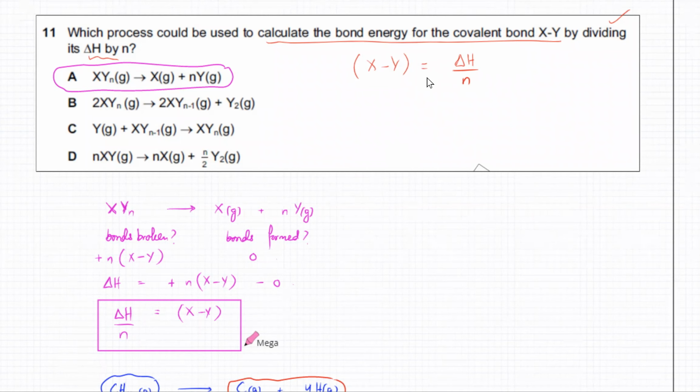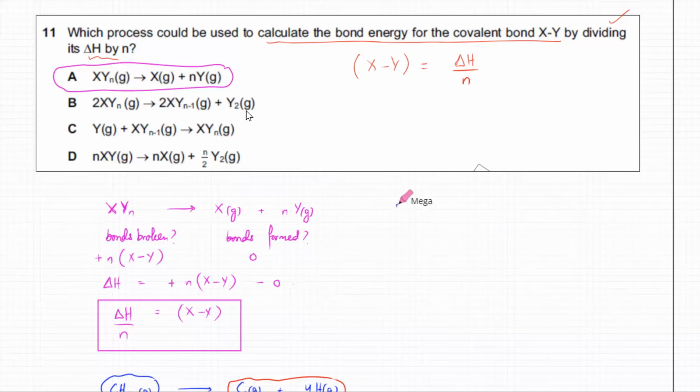But just for the sake of practicing this even more, I'm going to try and do part B. I know B is wrong, but we're going to try and do part B. So let's copy part B, just for the sake of figuring out how many bonds we are breaking and how many bonds we are forming.